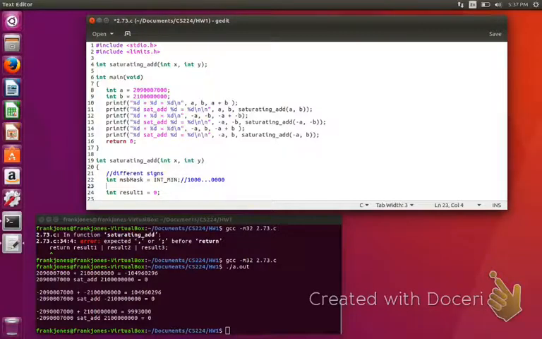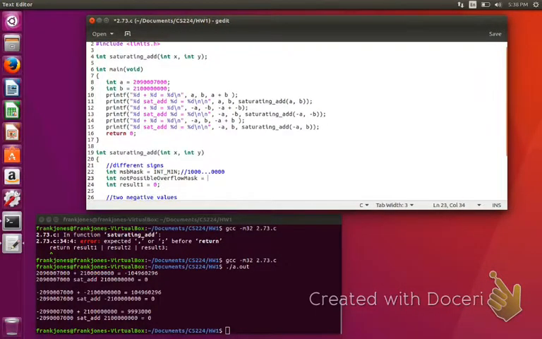Okay, so I'm going to go ahead and check for that. So we'll call this variable not possible overflow mask. All right, so what I want this to be is a mask that is all 1s if it's not possible for there to be an overflow, and is all 0s if it is possible for there to be an overflow. In other words, I want it to be all 1s if the signs are different.